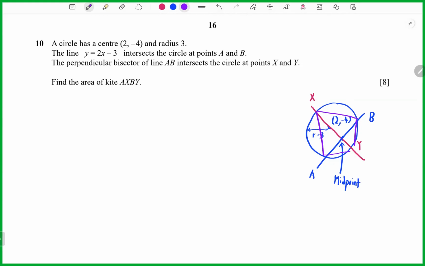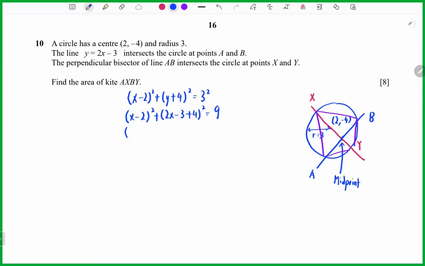So what is your next step for this part? First you need to find the points A and B. First we need to form the equation of the circle. So we can take (x - 2)^2 + (y + 4)^2 = 3^2. We substitute y = 2x - 3: (2x - 3 + 4)^2 = 9.